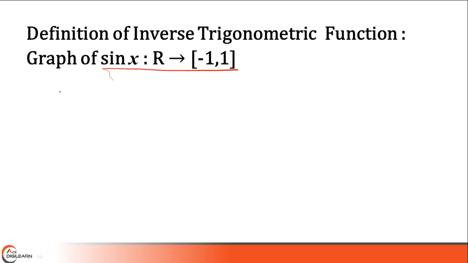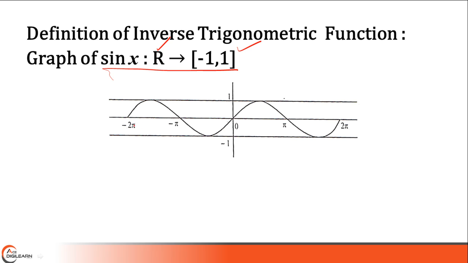First I am going to explain the graph of sine x, from R to minus 1 comma 1. I take the domain on the x-axis from minus infinity to infinity, and the range minus 1 to 1 on the y-axis. It passes through the origin, and through pi comma 0, 2 pi comma 0, minus pi comma 0, minus 2 pi comma 0. We get the graph of the sine function like this.